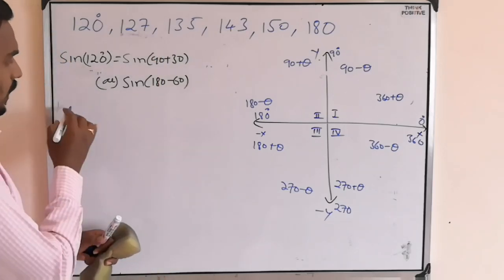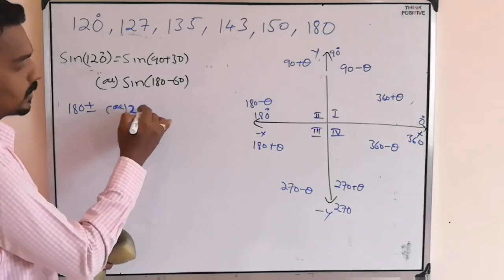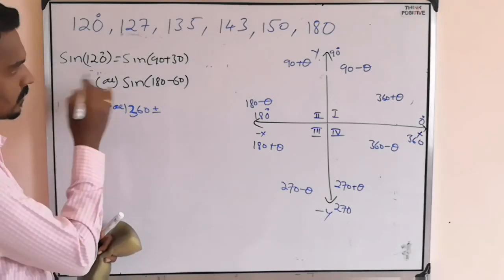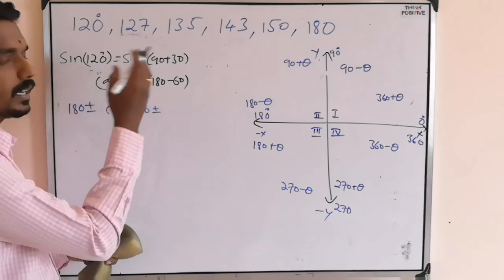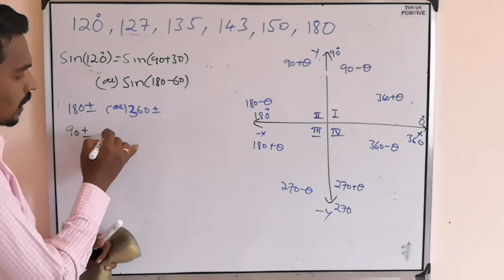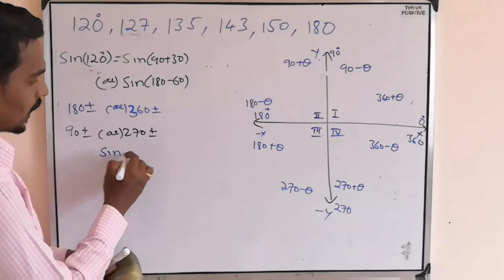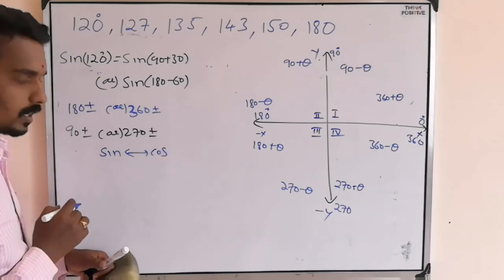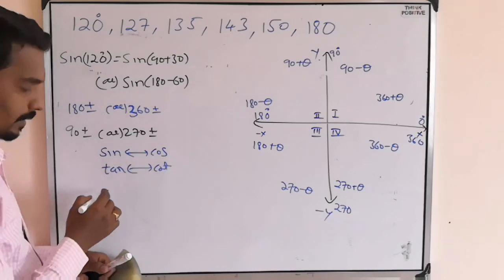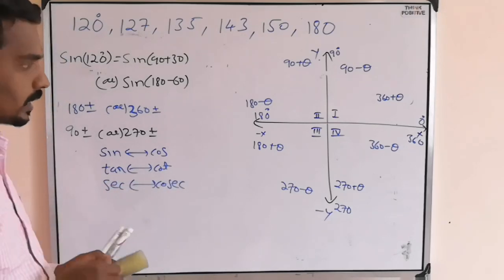Then, if you have written 180 plus or minus or 360 plus or minus, the function remains the same: sine remains sine, cos remains cos, tan remains tan. But for 90 plus or minus or 270 plus or minus, sine becomes cos, cos becomes sine, tan becomes cot, cot becomes tan, secant becomes cosecant, and cosecant becomes secant.